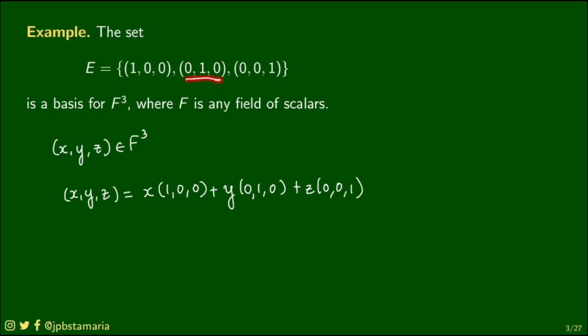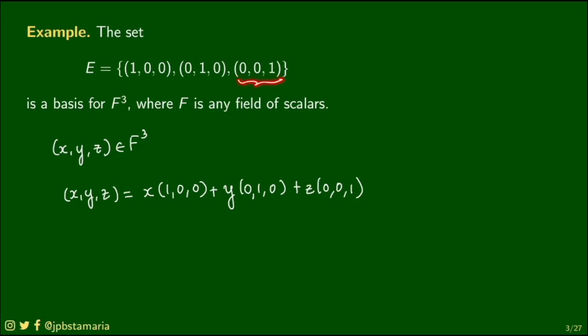Also, the third vector cannot be found in the span of the first and the second vectors, as that span contains only vectors with 0 in the z place.